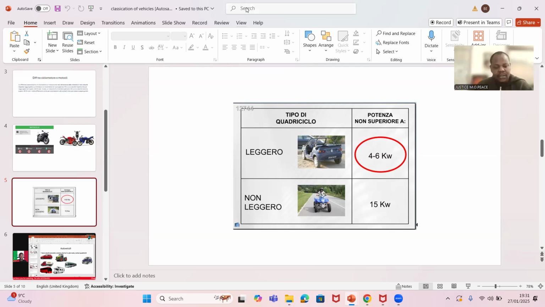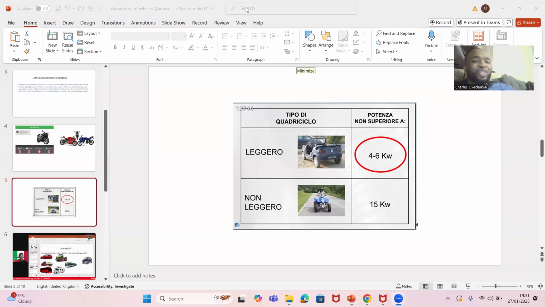Hello, sir. Yes, my brother. Before I ask my question, somebody said you are too fast. Let me ask my question, sir. Under the potential of motorcycle, can we say it is from 6 kilowatts to 50 kilowatts? No, sir.